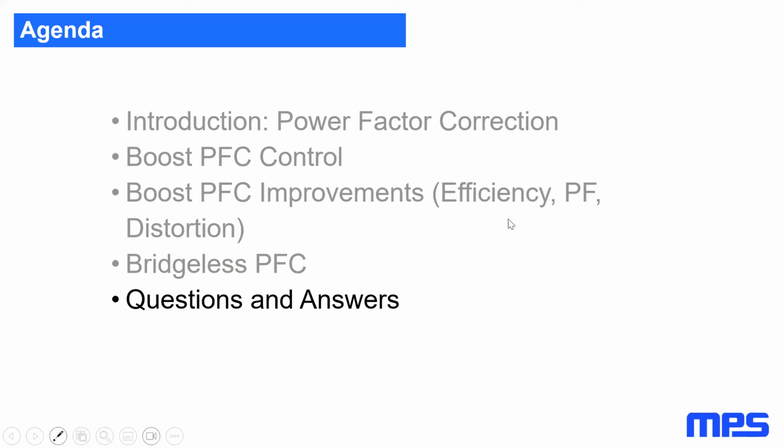Okay. The next one is, have you observed additional EMI problems when using bridgeless PFC instead of normal PFC? That is a very good question. There is one drawback of the totem pole PFC, and this might also be a subject for our next webinar, which is that there are some higher common mode currents circulating, especially at the zero crossing, when going from positive to negative alternance, which tends to increase the EMI.